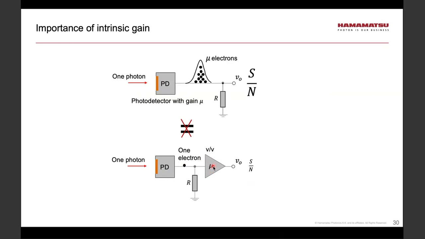Without going into details, the detection signal-to-noise ratio for the top situation would be higher than for the bottom one. So these are not equivalent circuits. Intrinsic gain of the photodetector will ultimately improve the final signal-to-noise ratio versus a situation where we try to have a voltage amplifier with the same gain. Not the same.